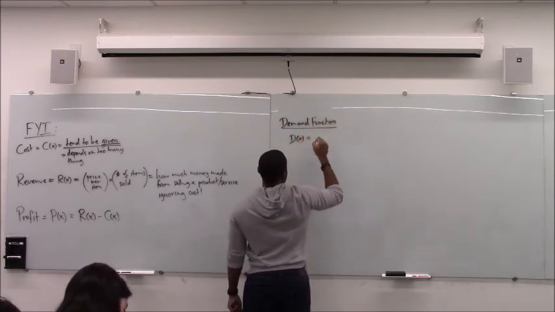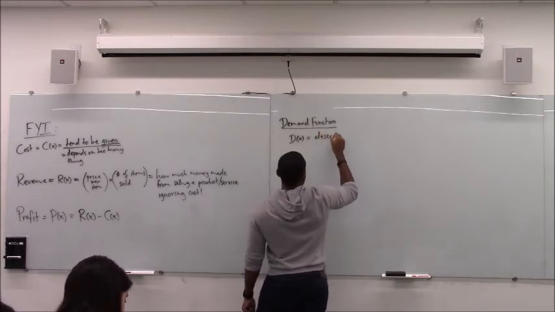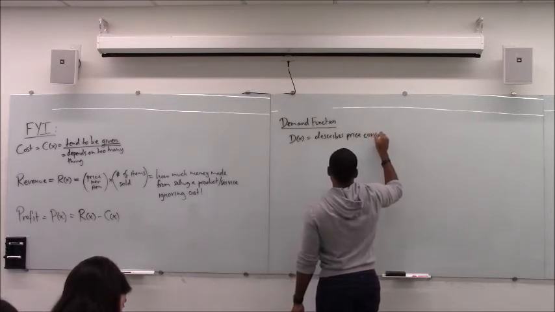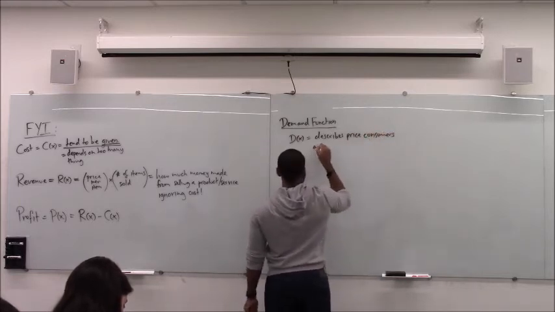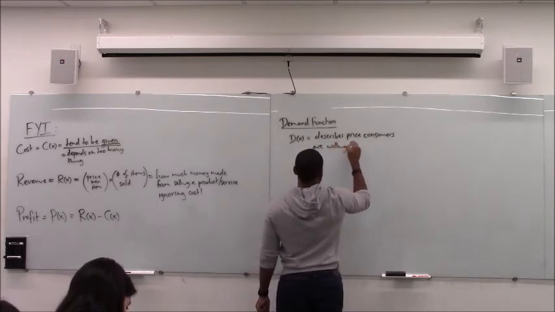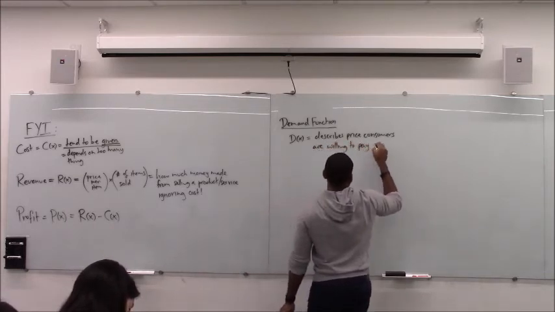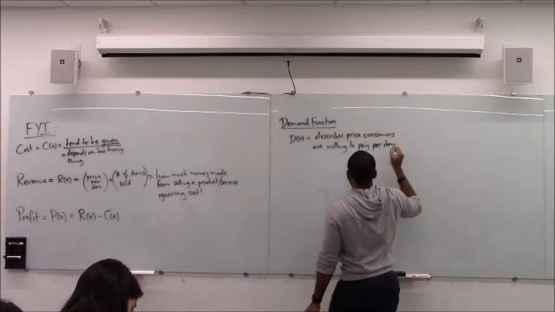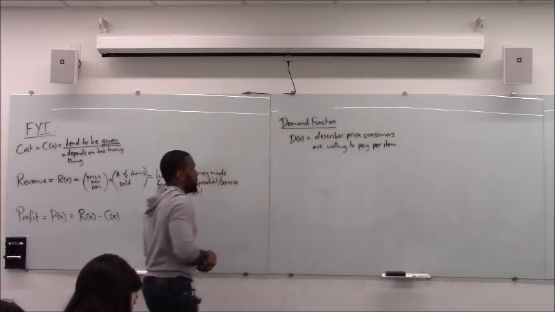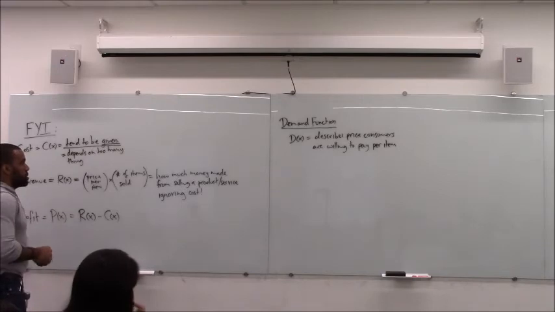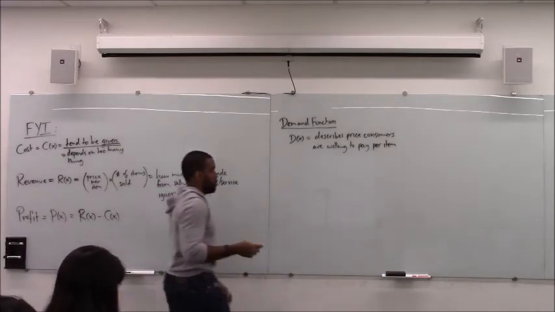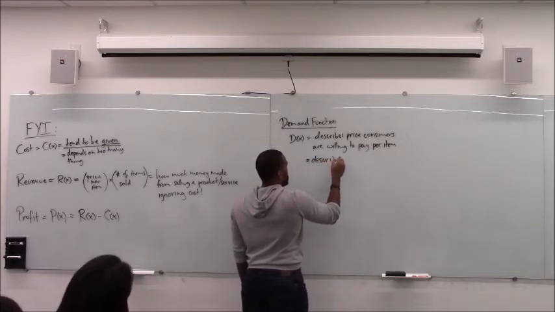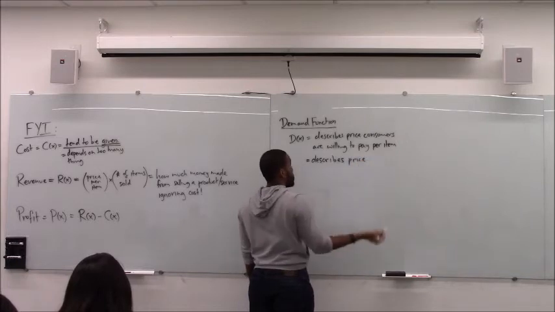X. It describes the price consumers are willing to pay per item. So this is just a function that describes price, but it describes price from the consumer's perspective.